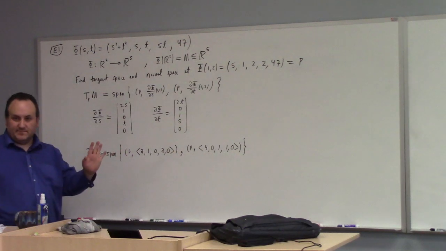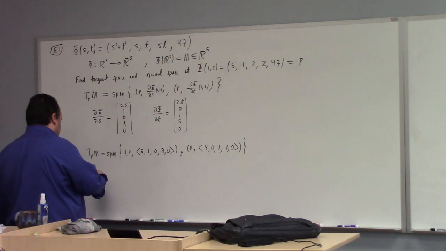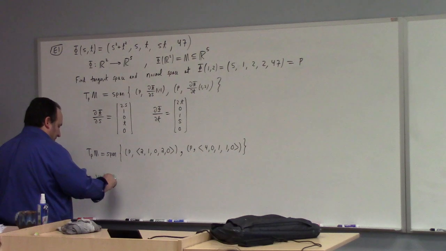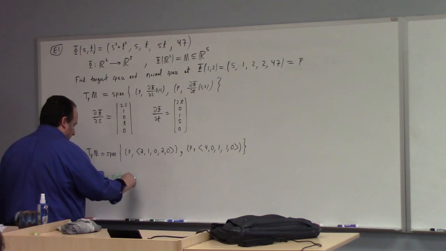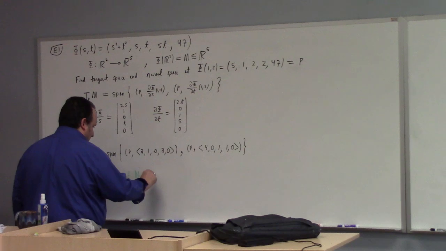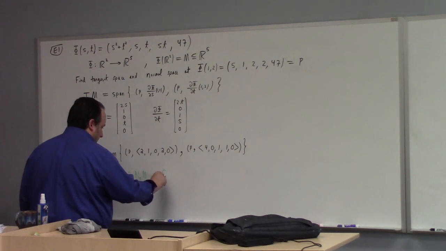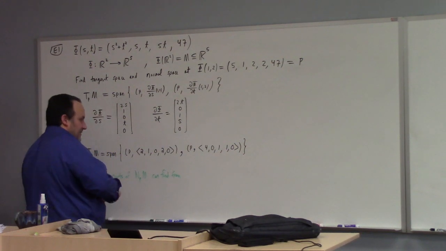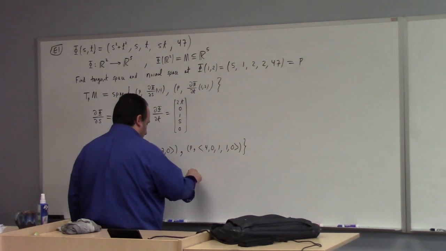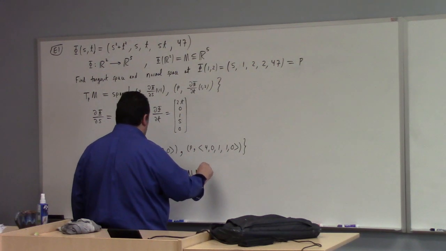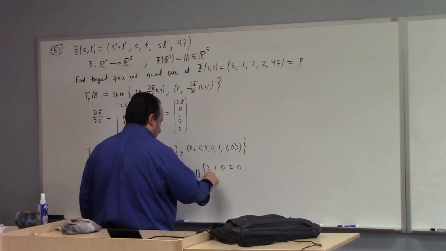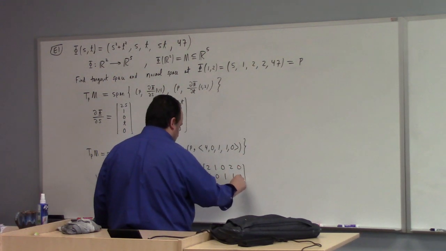There's two ways to find the normal space. The one way, I'm not going to do it. The vector parts of the normal space at P to M can be found from finding the null space of this matrix 2, 1, 0, 2, 0, 4, 0, 1, 1, 0.